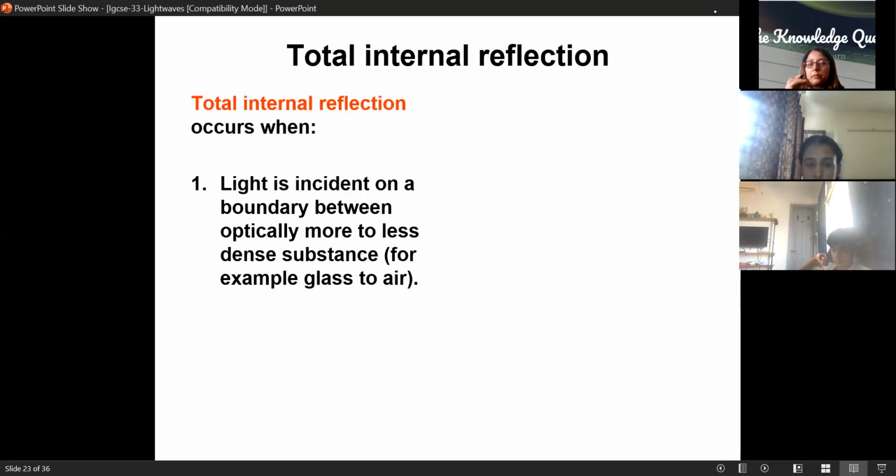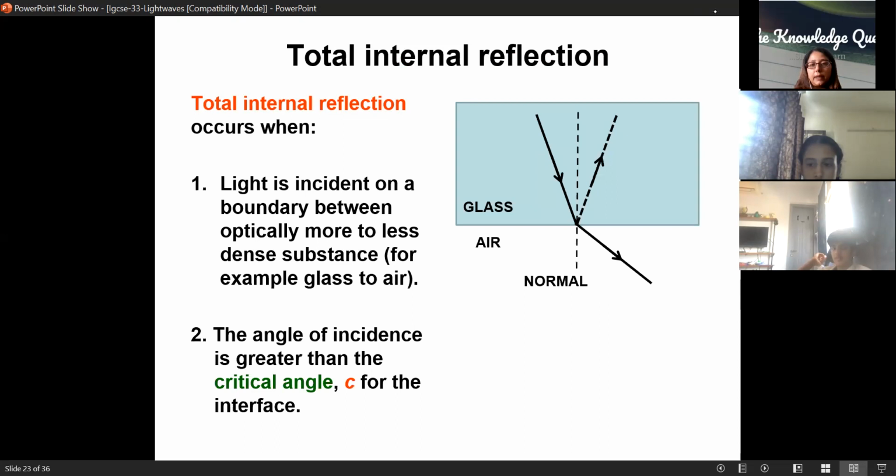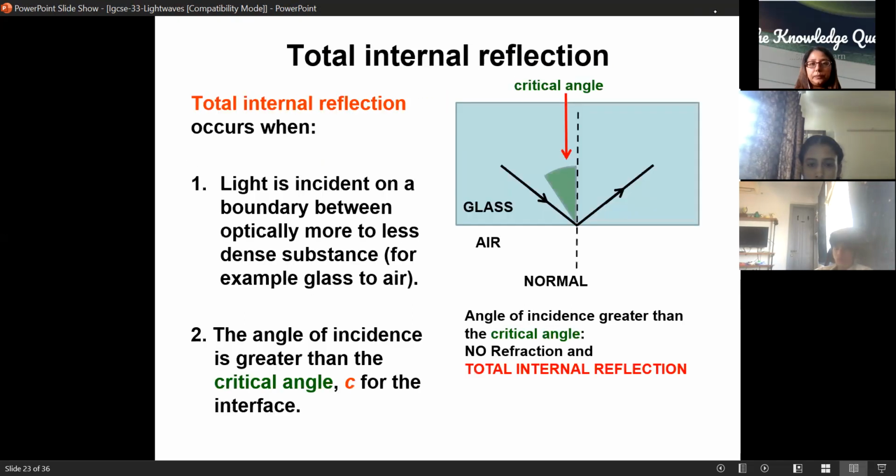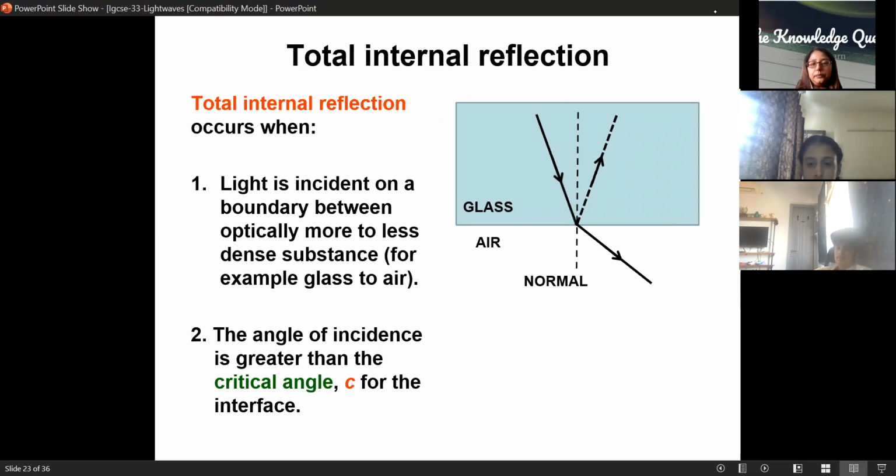Now this total internal reflection occurs because of refraction, right? Angle of refraction. It will be something like this. I'll tell you what exactly this is. Look carefully at what happens here.